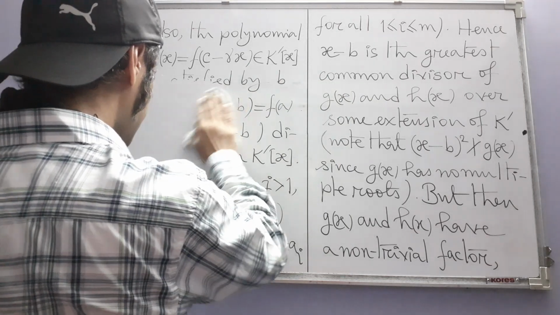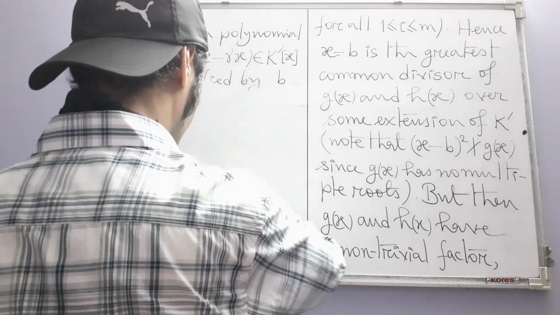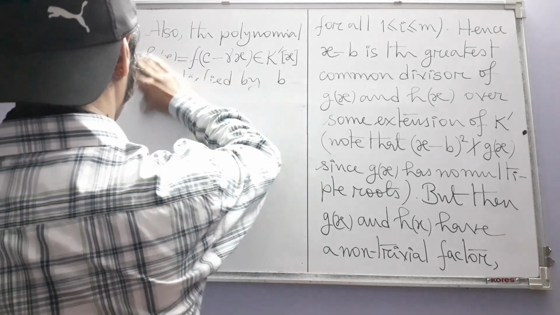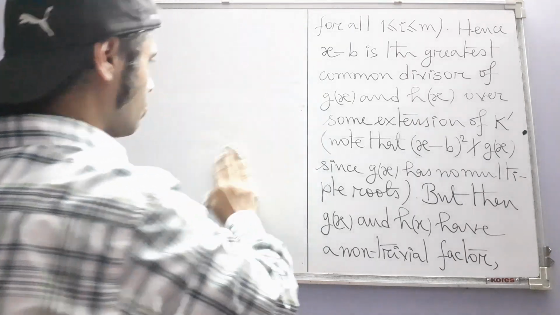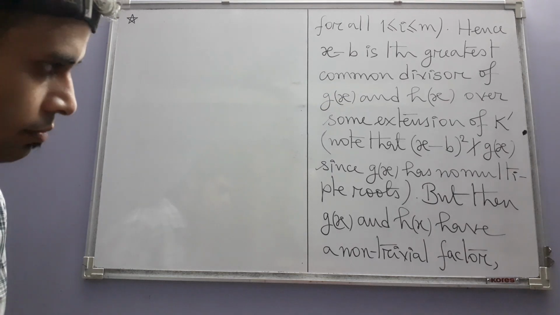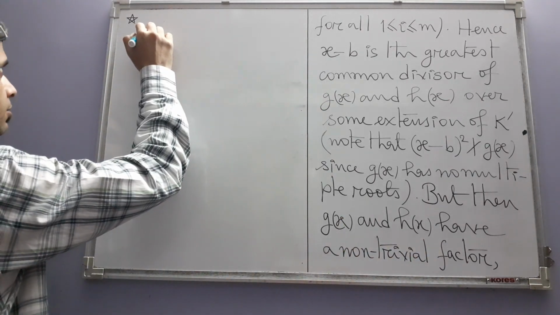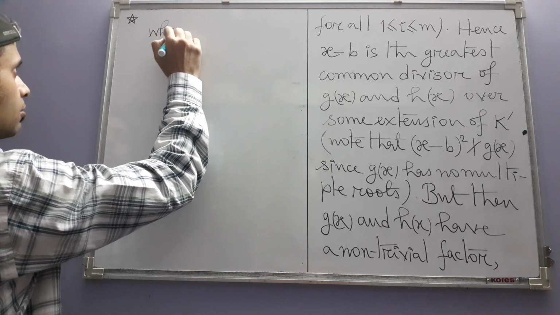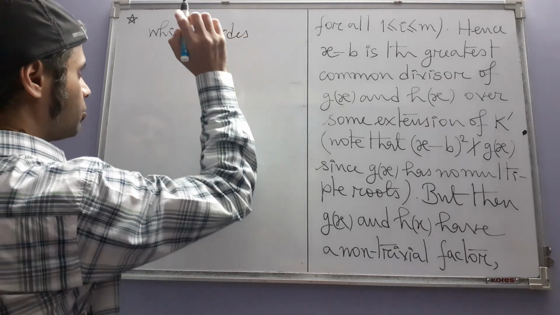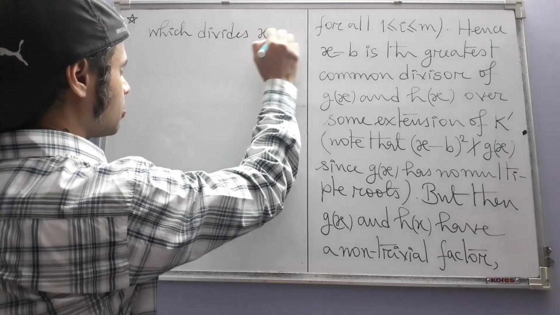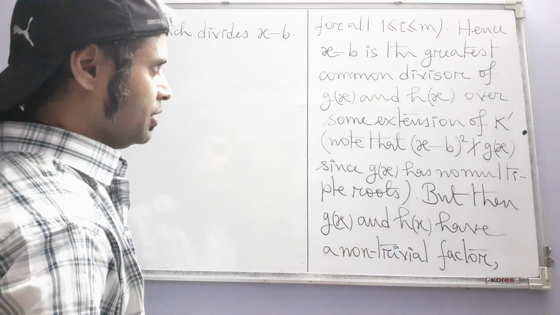It has some things behind it. These have a non-trivial common factor which divides x minus b. So what is happening here?